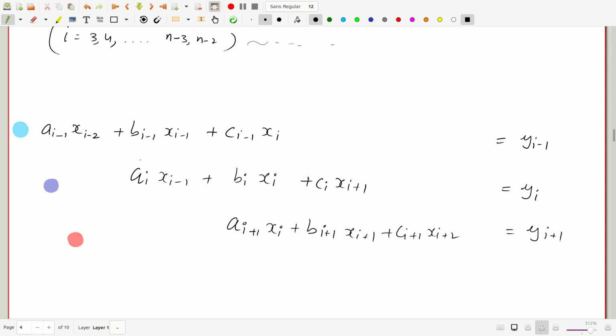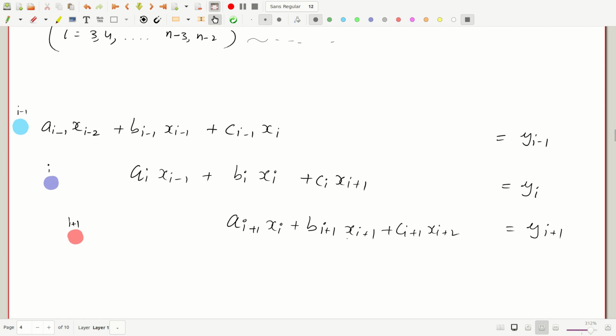Now, as we said before, the idea is to remove, let's say, equations i minus 1, i and i plus 1. From the i minus 1th equation, we will obtain the expression for xi minus 1. Similarly from the i plus 1th, we will get the value for xi plus 1.